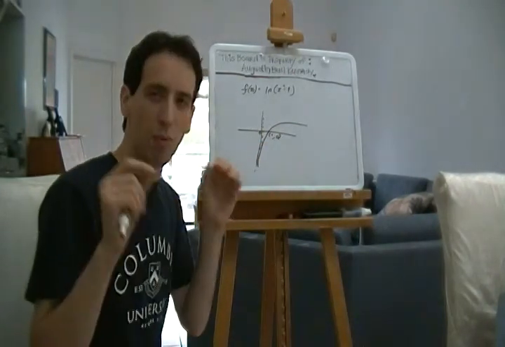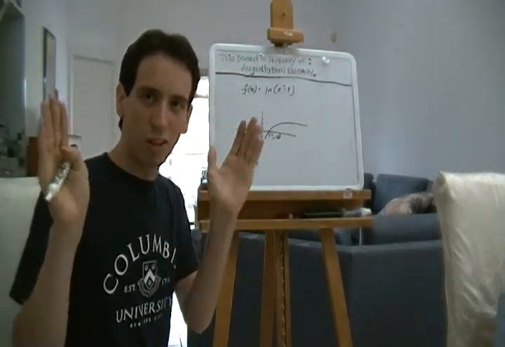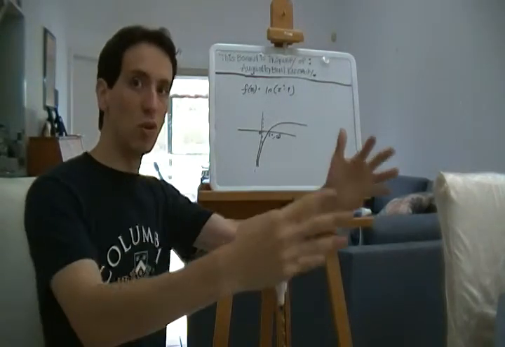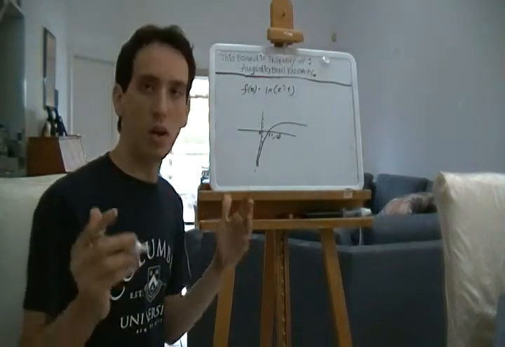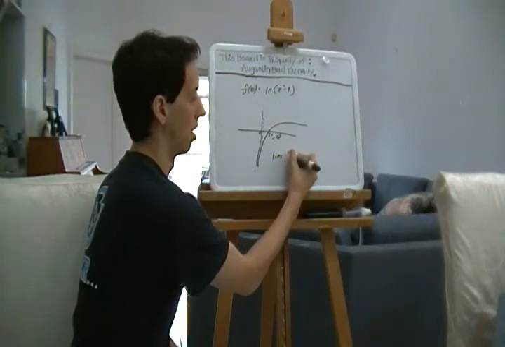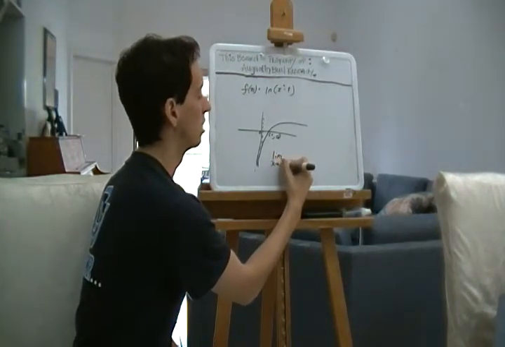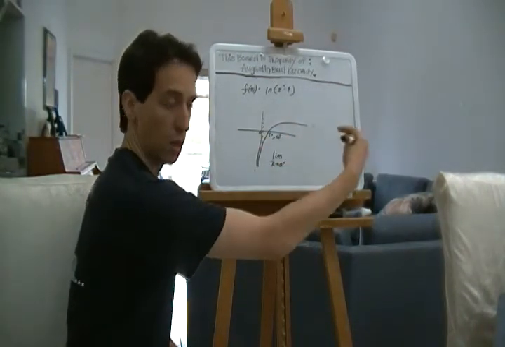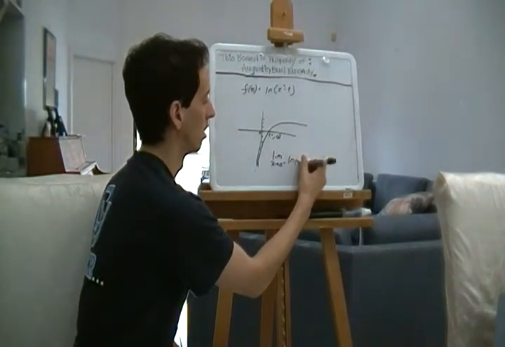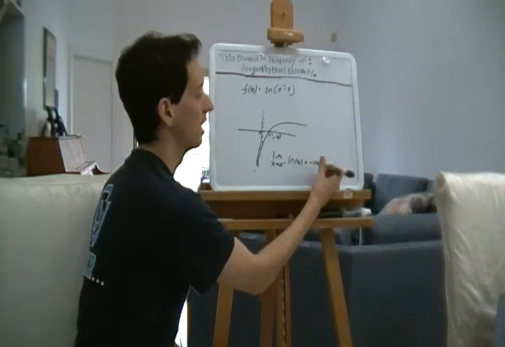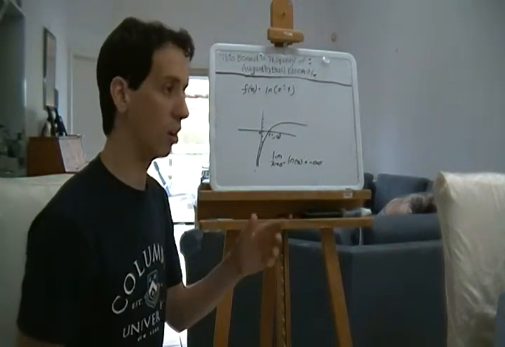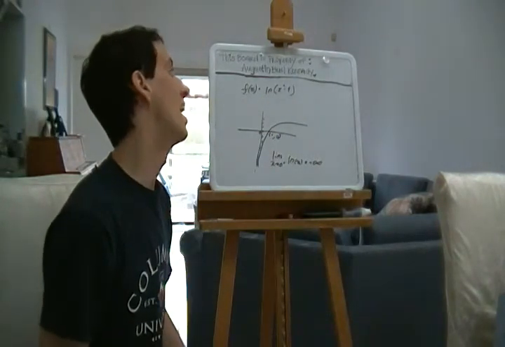And if you go as arbitrarily close to 0 as you want, you're going to get an arbitrarily huge negative number. And what that means is that the limit as x approaches 0 from the right, coming this way, of ln x is negative infinity.